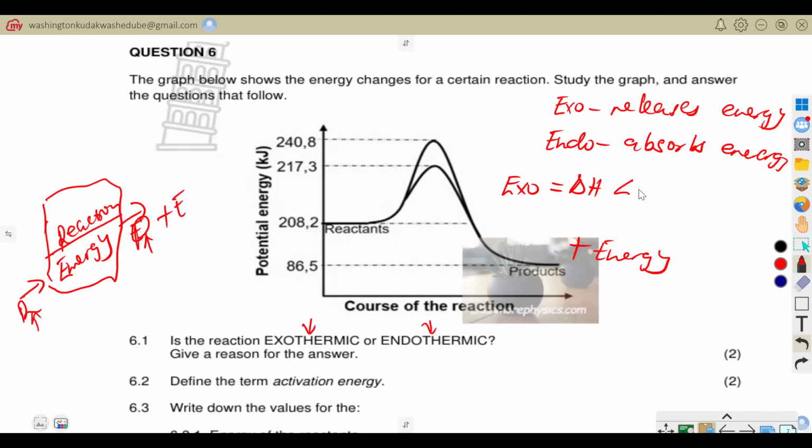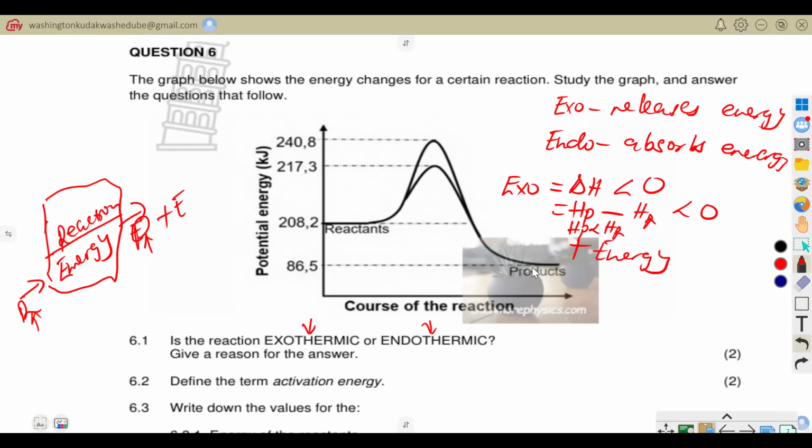So we get to see that this becomes less than 0, where H of products minus H of reactants is less than 0. It simply means that H of products is less than H of reactants.